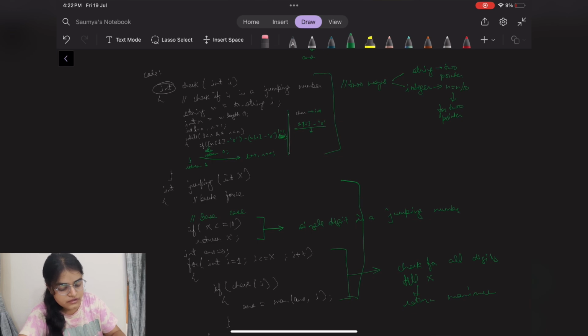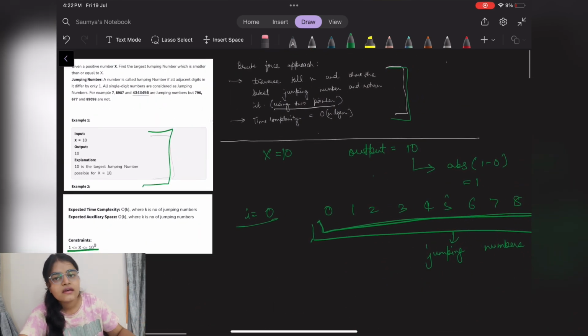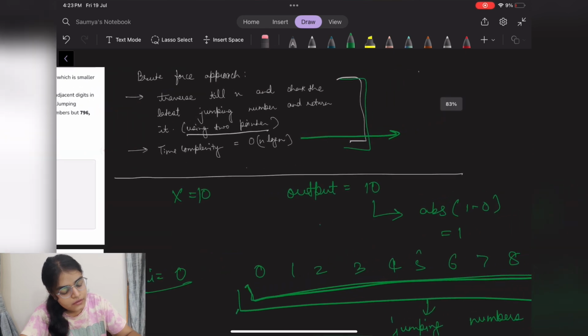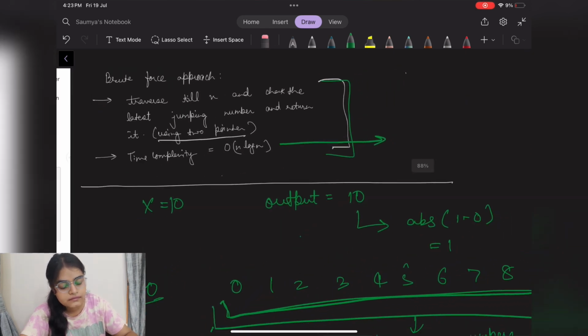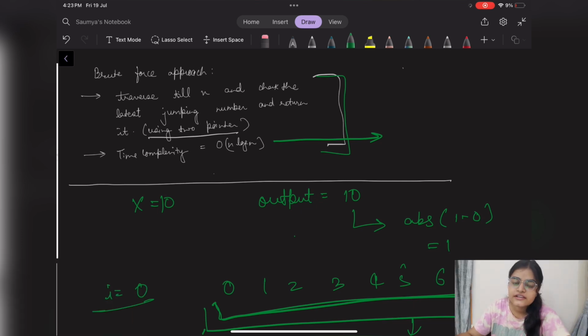So here I already wrote the time complexity. I'll tell you why it's big O of n log n. So guys, we are running a loop, and for every ith integer we are checking if it is a jumping number or not.